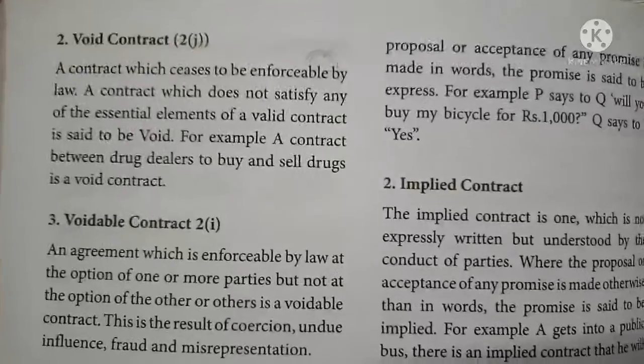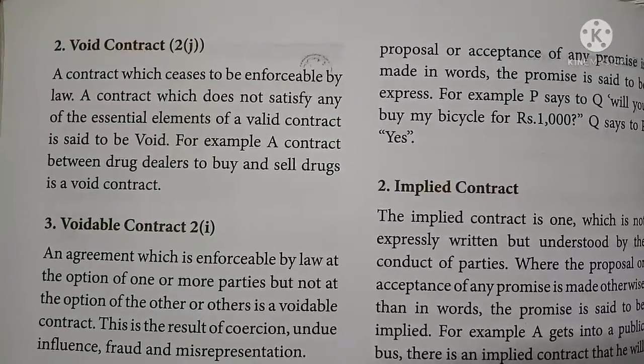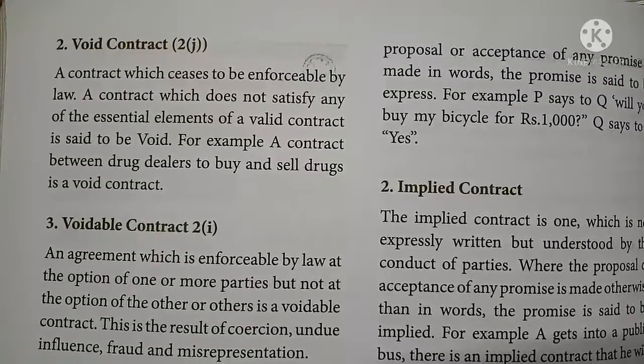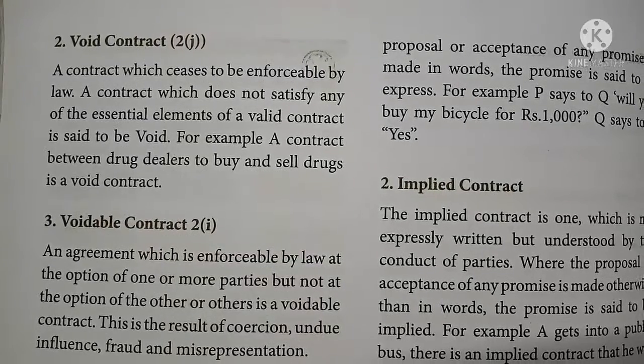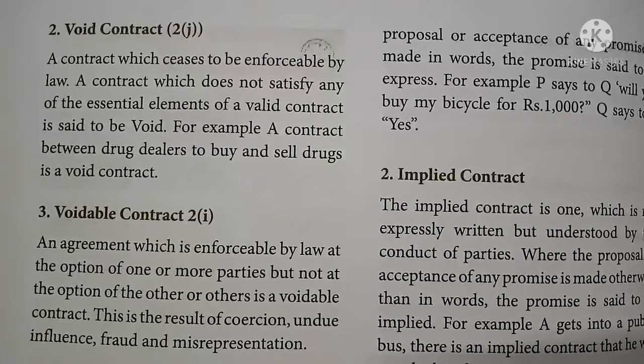Next one, void contract. A contract which ceases to be enforceable by law, and a contract which does not satisfy any of the essential elements of a valid contract is said to be void, that is invalid contract.